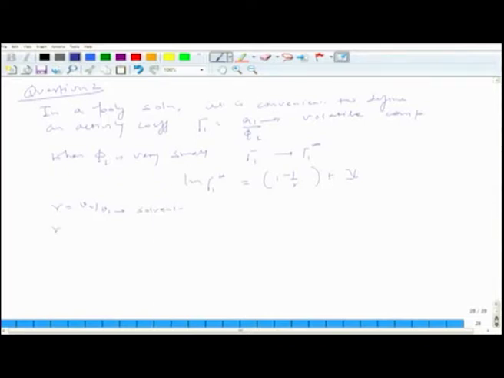And what we are considering is that r is much greater than 1. So, this is the statement of the problem.